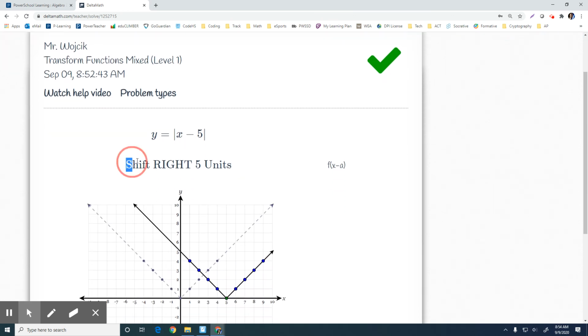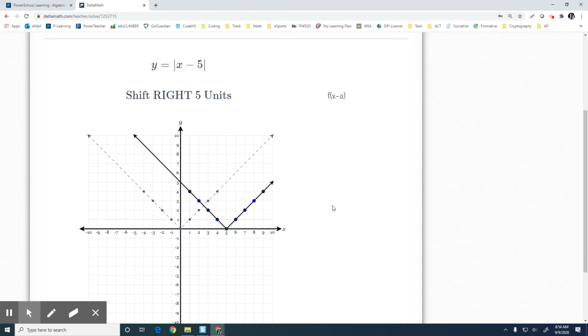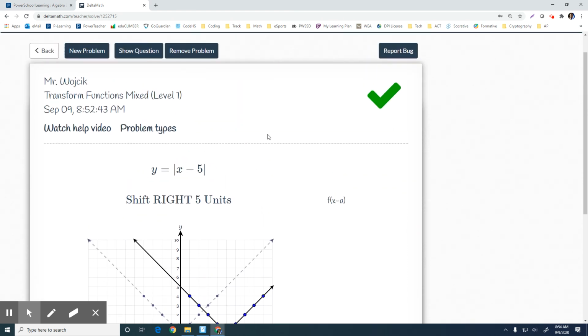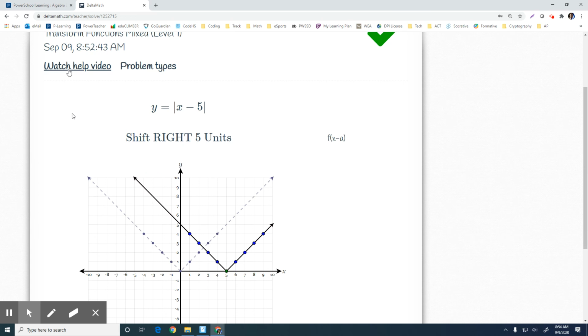You'll notice on Delta Math, it always shows you what you actually did. It breaks it down. This is going to be a shift right 5 units, which helps you out. Then you'll go to the next problem. On Delta Math, there are always these help videos that you can watch again. If you're confused, if you're like, wait, I thought I had this right, you can watch those.